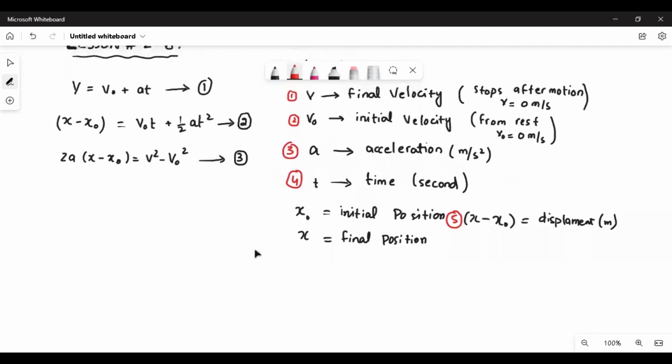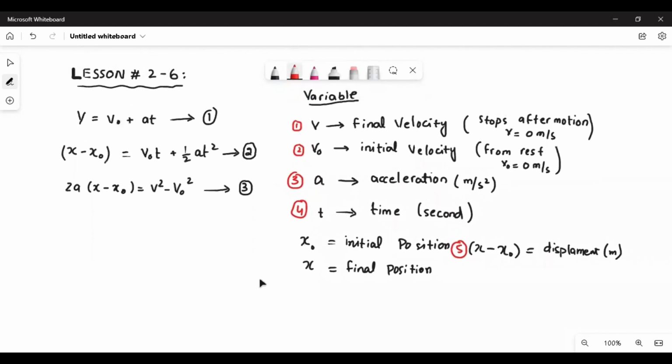Now, if you look at these equations of motion, each is related to 4 out of these 5 things. Which one is missing in the first one? Totally there are 5 variables, but each equation contains 4 of them. Like in the first one, x minus x naught is not there.